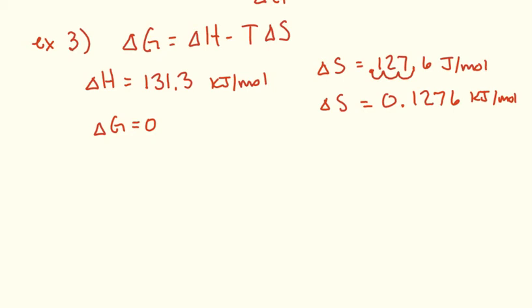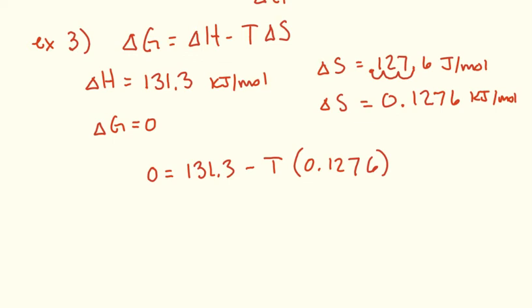So we're going to use our equation, but this time we're going to put 0 in for G, and then our delta H, which is 131.3, and then minus, we're going to solve for T, because the question's asking what temperature, and then we're going to plug in our S, and we're going to do that quick check, make sure our delta S is very small, and it is, so we're ready to go.